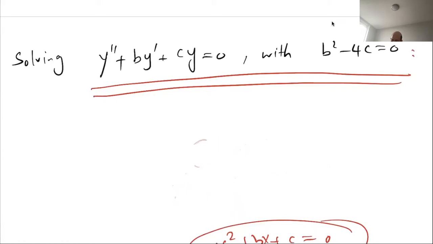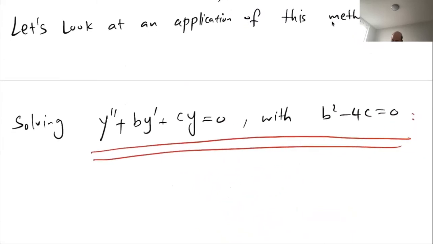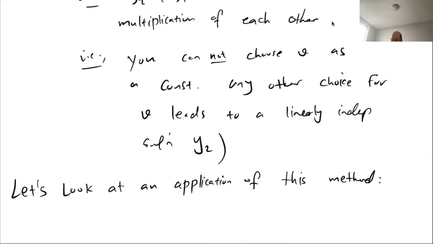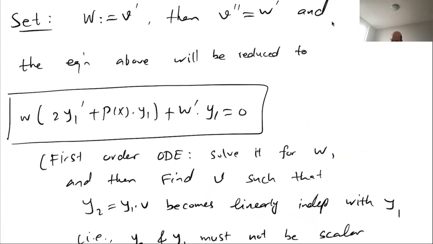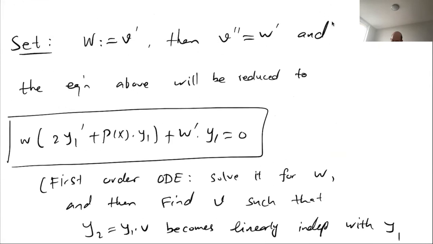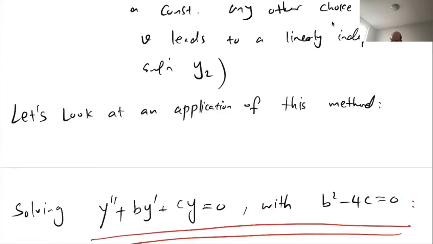So we have an equation y double prime plus b y prime plus c y equals 0 with b squared minus 4c equals 0. So first, let's try to find one solution. Because according to the recipe that we provided, if we have access to one solution, then we know how to find the second solution. Remember, if we have access to y1, then we can solve for w, and once we have w, we can find v, and then the second solution will be y2 equals y1 times v.